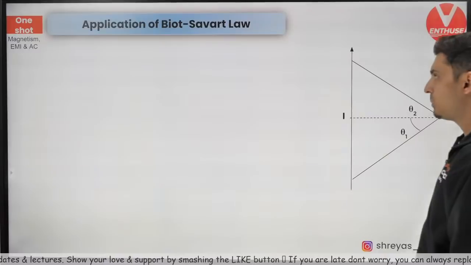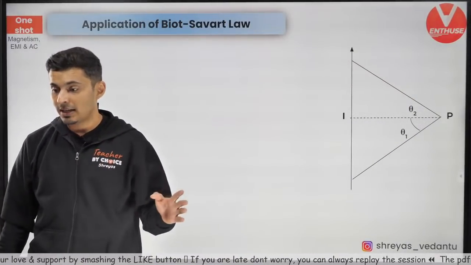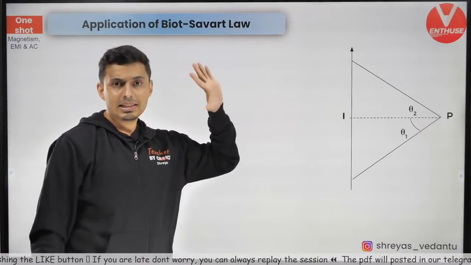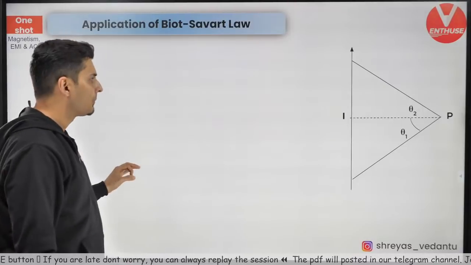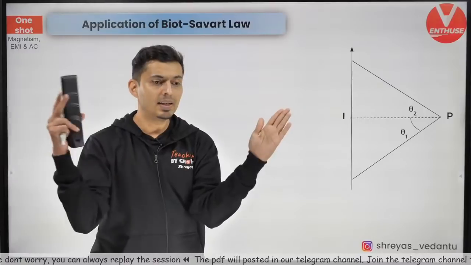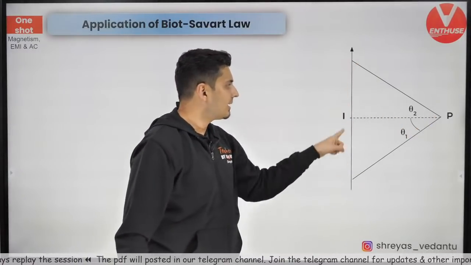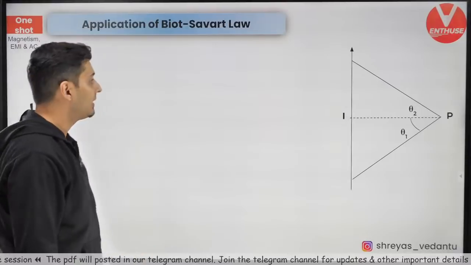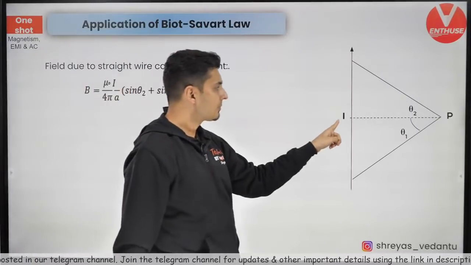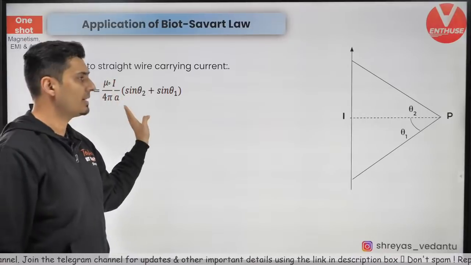Moving on to the next important formula. Magnetic field due to a straight wire. Now there are again one general formula and one special formula. General formula is when the wire is not infinite. It makes angle theta, and then you are at some distance r from that current carrying wire. Then the formula is mu naught by 4 pi, current by that distance from the wire, into (sine theta 1 plus sine theta 2).